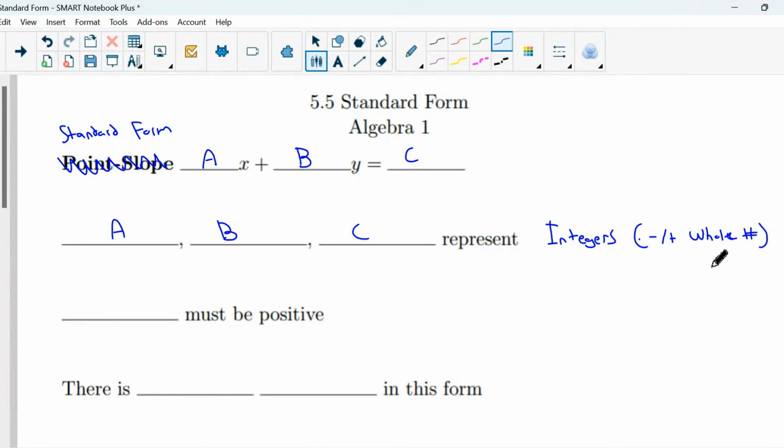Another aspect about standard form is that a must be positive.